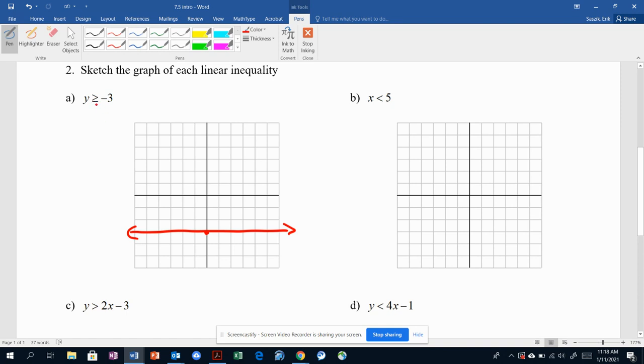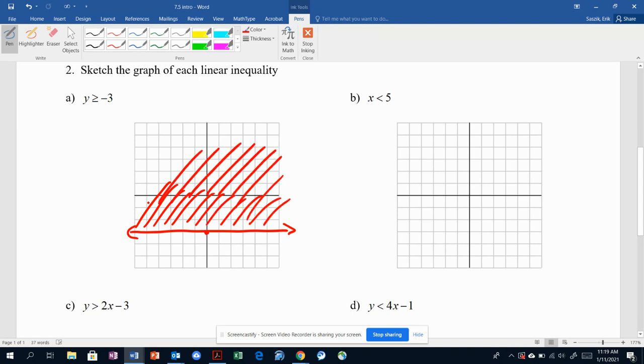The or equal to means that anything on this line is good, because anything on this line, the y value is -3, and -3 is equal to -3. But it also says that y could be greater than. Of course, greater than means above, so we would shade up here. And this shading would go forever in the up direction, right?